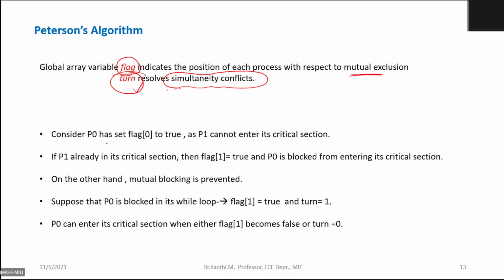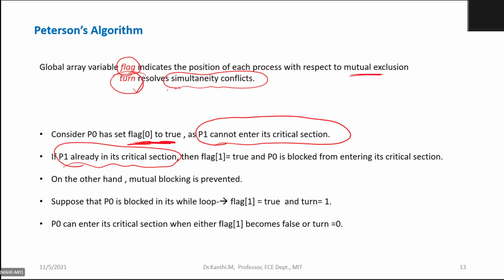That can be referred to. In this algorithm, consider P0 has set flag 0 to true. In such a case, P1 cannot enter its critical section. Suppose P1 is already in the critical section, then flag 1 is true.